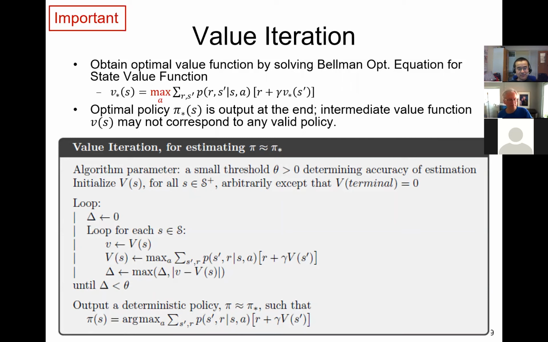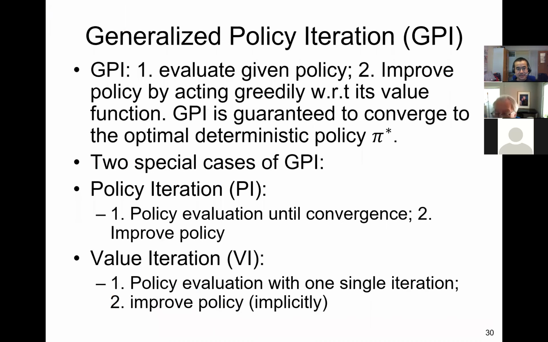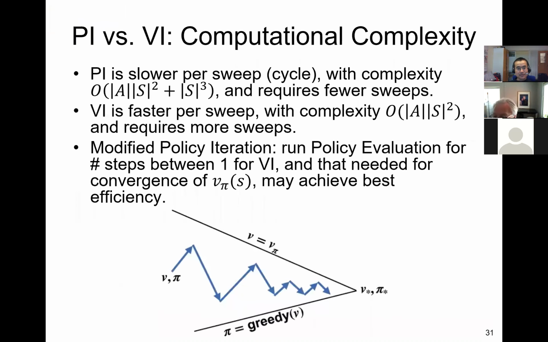So I think this single line includes both policy evaluation and policy improvement implicitly. So VI is faster per sweep, because per sweep you're only doing one step, whereas PI is slower per sweep, but it requires fewer sweeps, where VI requires more sweeps.